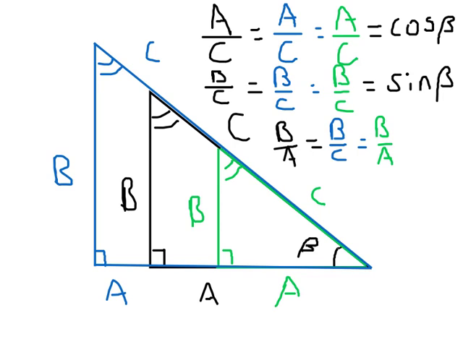I've been making them all C's before. That should be A. And this ratio is equal to, I'm going to have to write it below, tangent, which we abbreviate TAN, of angle beta. So like I said, this comes from the special property of similar triangles.